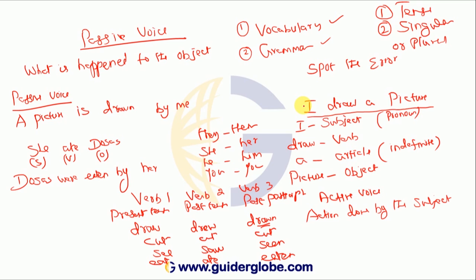There are many types of tenses: present tense, present continuous, present perfect, simple past, past perfect, past continuous, past perfect continuous, simple future, future perfect, future perfect continuous. Everything we are going to see one by one.